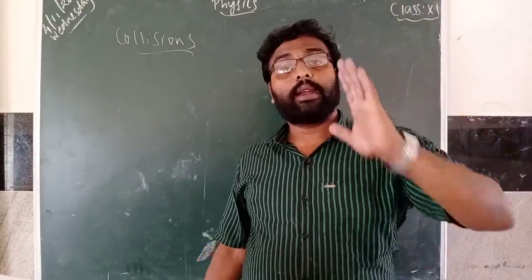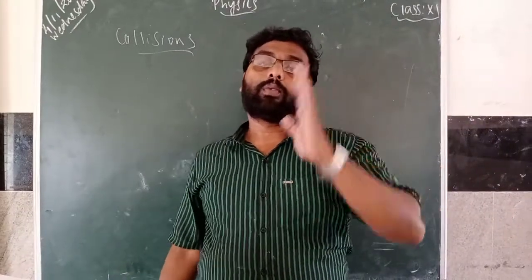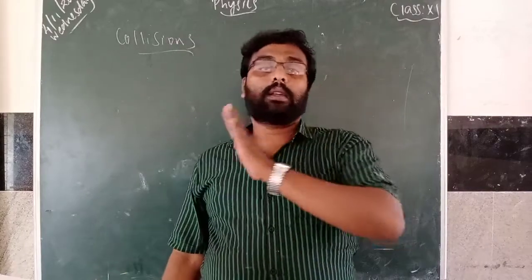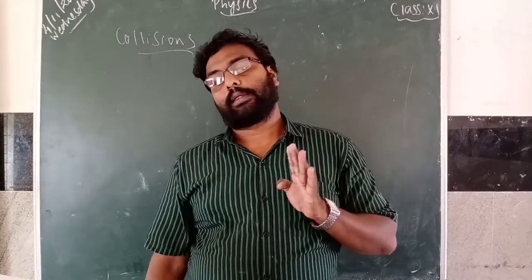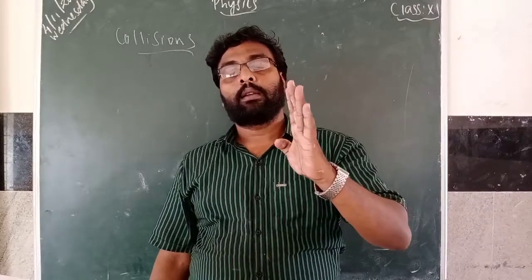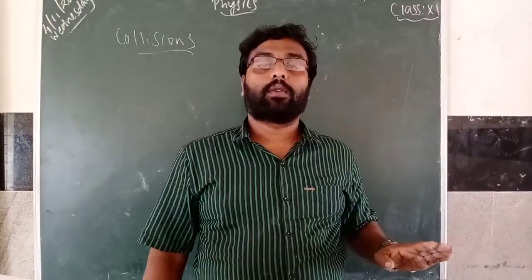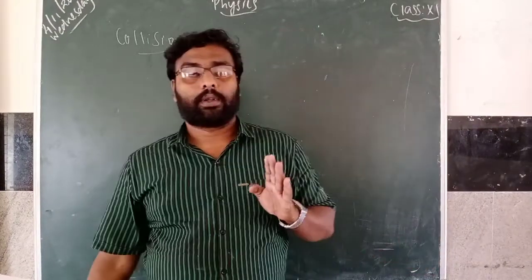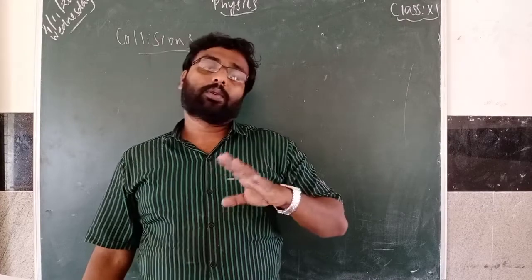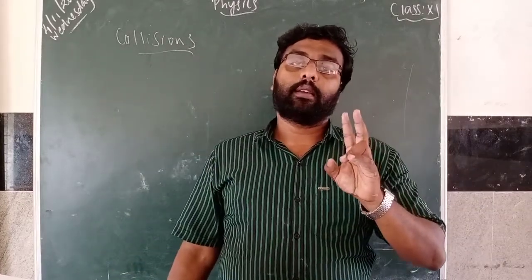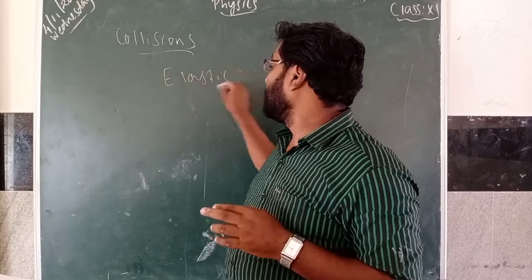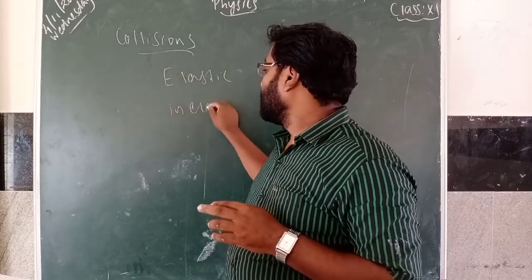So the total kinetic energy before and after collision won't always be the same, but the total momentum before collision will always be equal to the total momentum after collision. Based on this, there are two types of collision: elastic collision and inelastic collision.